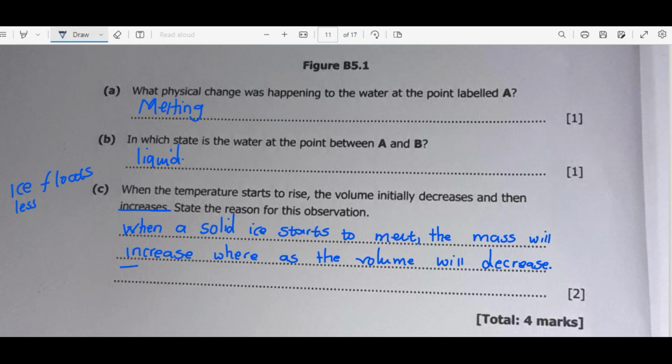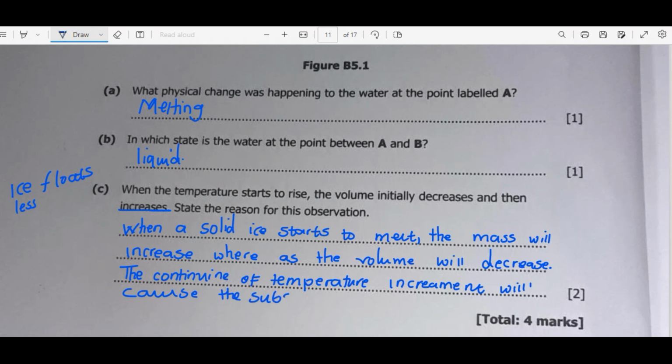So the continuing temperature increment will cause the substance to expand, thus a rise in volume.